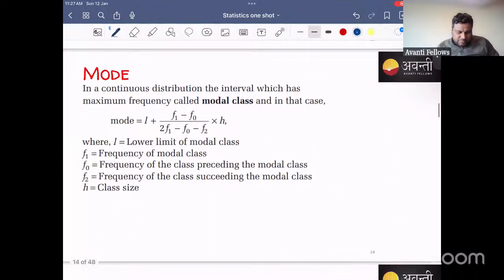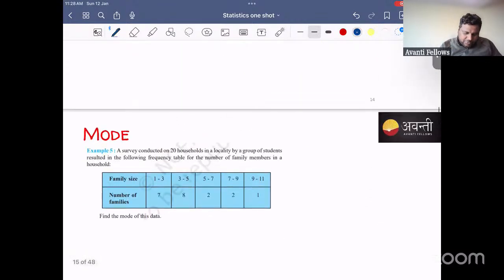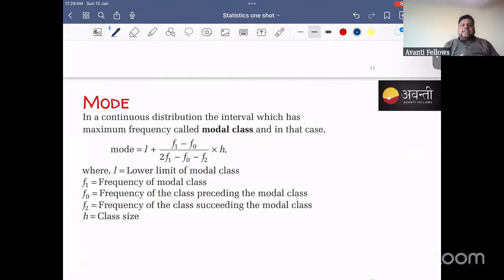Now let's come to mode. Mode is the measure of central tendency where we are looking for the observation which is very frequently repeating.